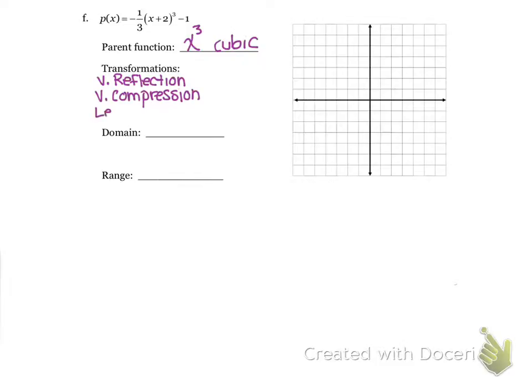We're going to go left 2, and we're going to go down 1. Okay, so the origin does not vertically reflect or compress, so then we're just going to go left 2 and down 1.